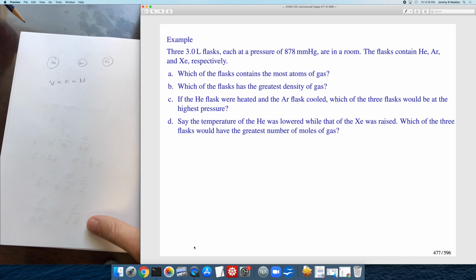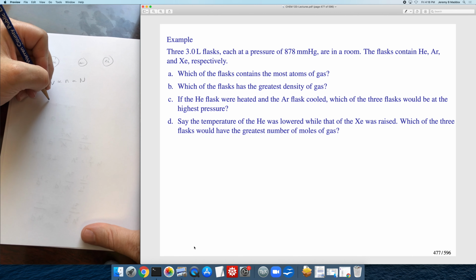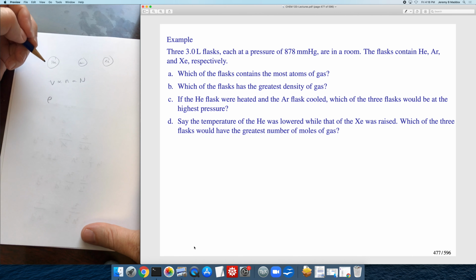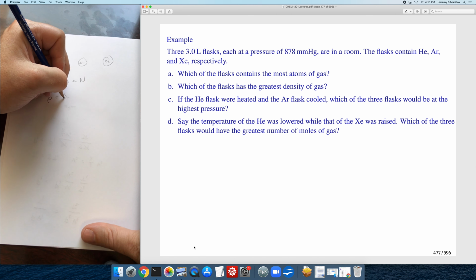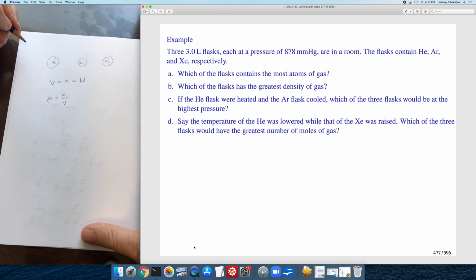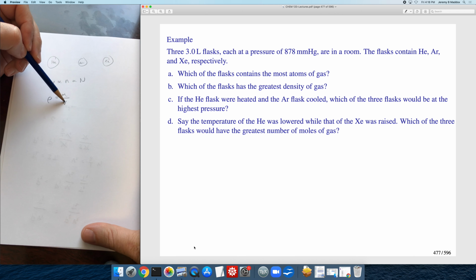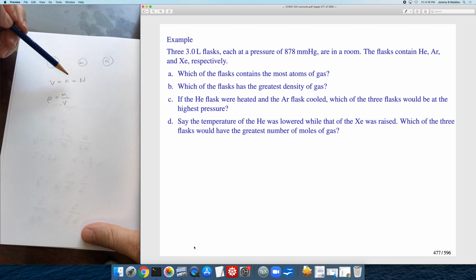Which of the flasks has the greatest density of gas? Well, density, so here's rho for density, is going to be the mass of the gas divided by the volume. Well, each of the gases has the same volume, so the denominator is the same for all of them. However, the numerator is the mass, which is going to be the number of moles of gas times the molar mass.